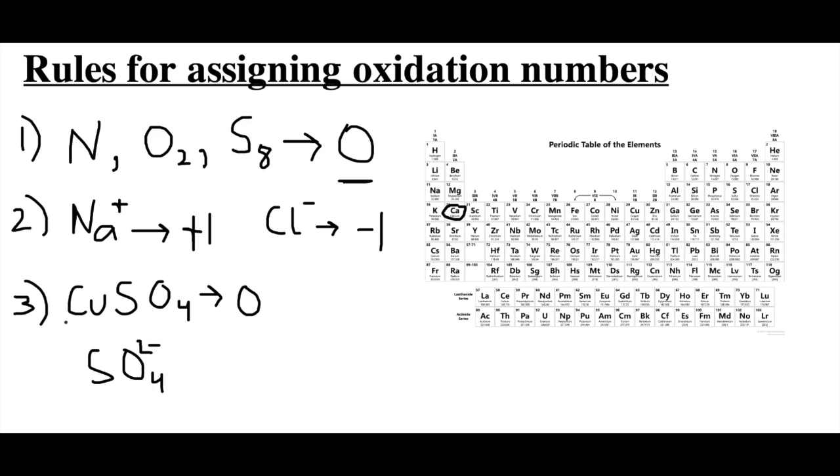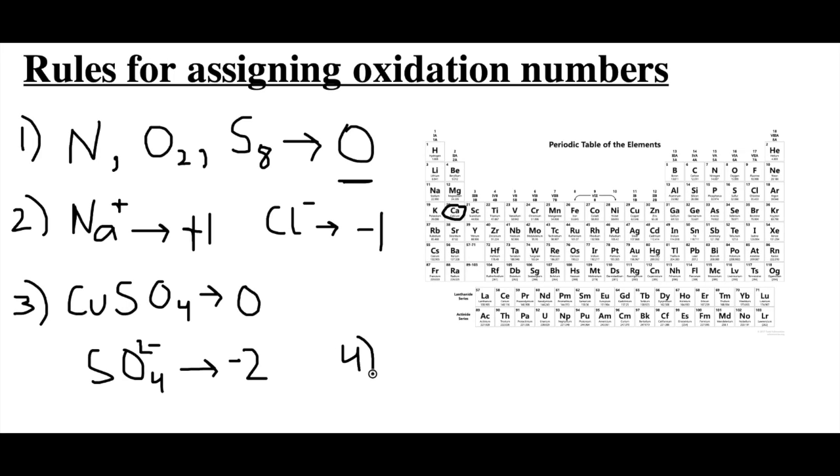So when we add the oxidation numbers of copper, sulfur, and these four oxygens, the total will equal 0. And for a polyatomic ion, the sum of the oxidation numbers of all the elements present within that ion will equal -2. So when we add the oxidation numbers of these four oxygens and this sulfur, the sum will equal -2.